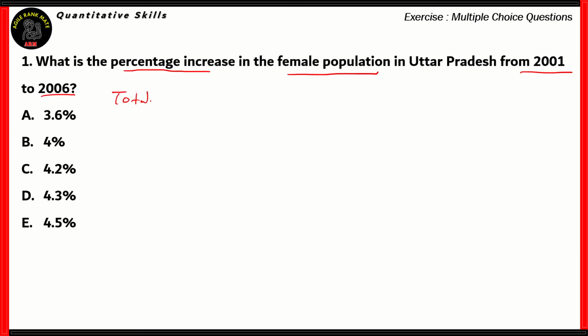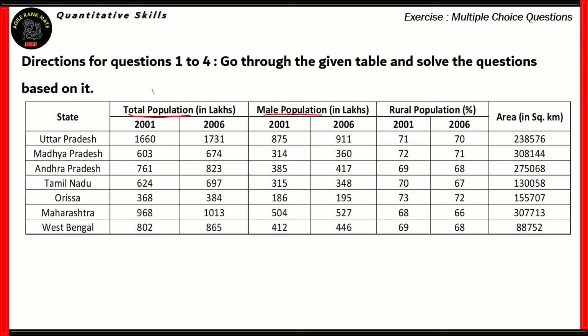The total population in Uttar Pradesh in 2001 was 1,660 lakhs, and in 2006 it was 1,731 lakhs. You can verify that by looking at it here, 1660 and 1731.